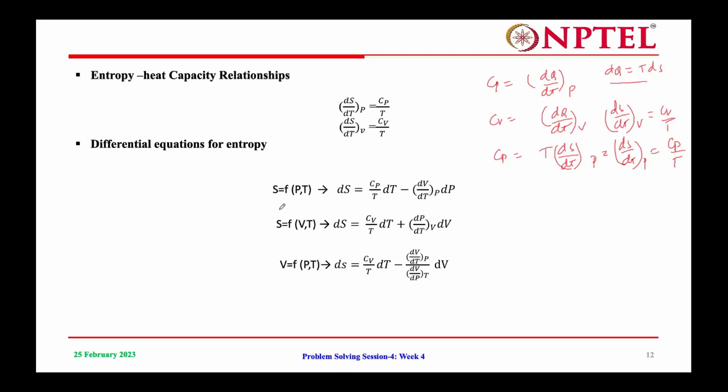Then differentiate it to generate the expression, and you will get dS is equal to Cp by T dT minus (dV/dT) at constant pressure dP. Similarly, for entropy as a function of volume and temperature, you will get this relation. Similarly, for volume as a function of pressure and temperature, derive the equation like here.